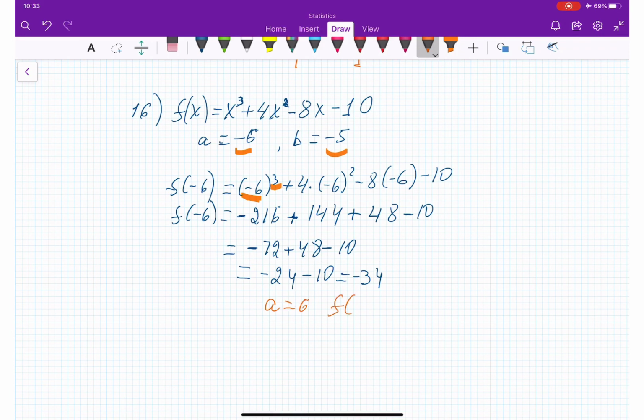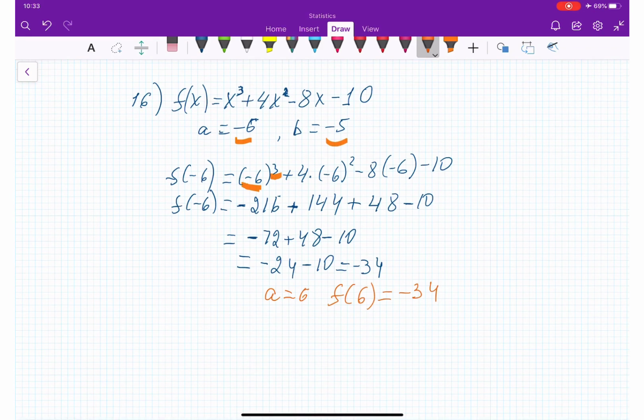So when a is equal to negative 6, f of a is equal to negative 34, which means for b equal to negative 5, we have to get a positive value. Because if f of negative 6 is negative, then f of negative 5 has to be positive. Let's see. f of negative 5 is negative 5 cubed plus 4 times negative 5 squared minus 8 times negative 5 minus 10.